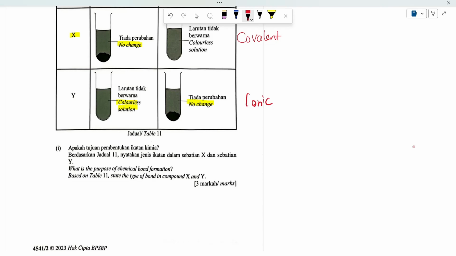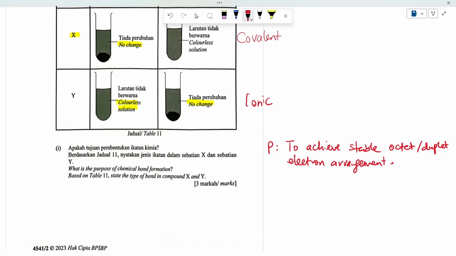The purpose is to achieve a stable, octet or duplet electron arrangement. That is the purpose.